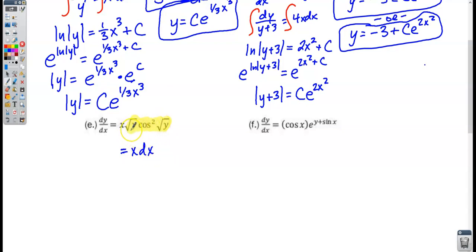And for my left-hand side, I'm going to divide everything by the square root of y, cosine squared of the square root of y. But then, instead of writing it like this, I'm going to take this cosine squared and change it into a secant squared and move it up into the numerator, so that my left-hand side looks like this.